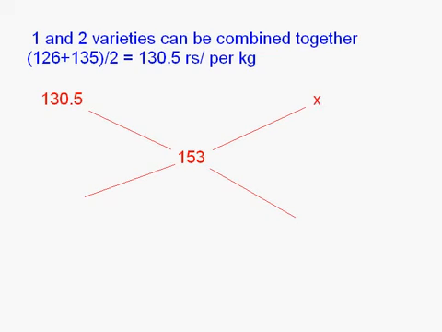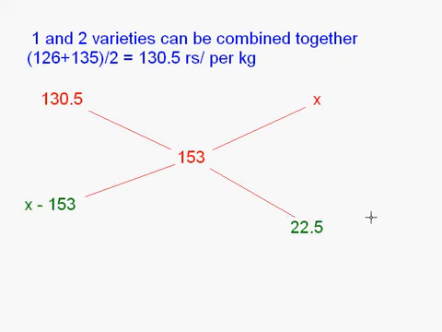So out of these two, x will be expensive, so it will be x minus 153. And over here, 153 is expensive, so 153 minus 130.5 will be here. Or we can easily write it as 22.5, that would be better. So 22.5 will be here.